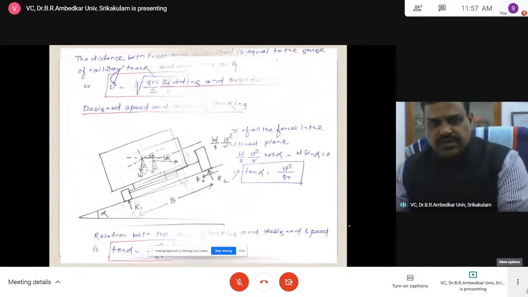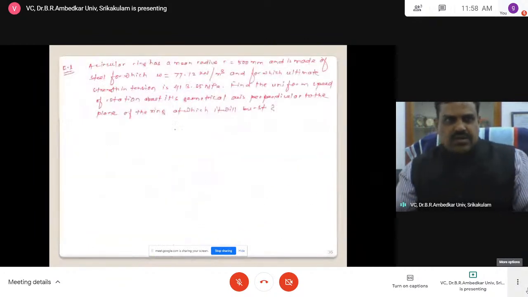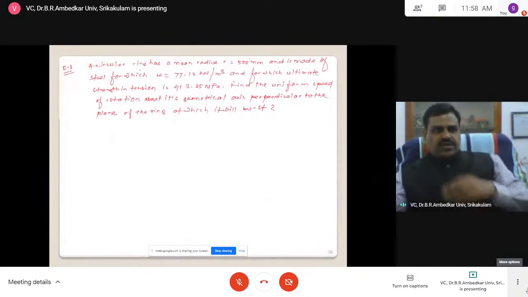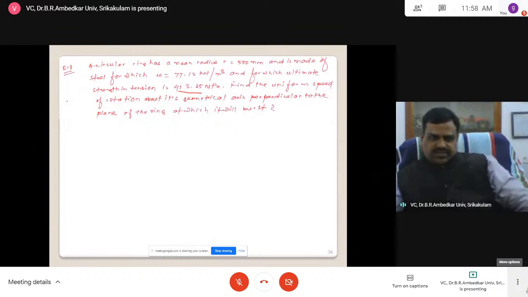So now let us go to curvilinear motion in a plane surface. Now let us take a small problem. A circular ring has mean radius r of 500 mm and is made of steel, for which W is equal to 70.1 kilonewton per meter cube, and ultimate tensile strength is equal to 41.3 megapascal.